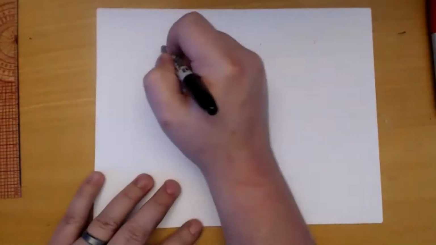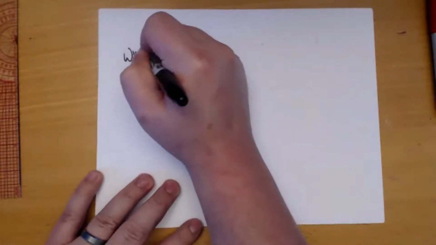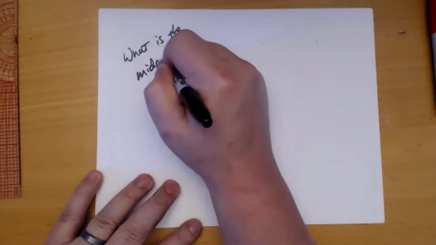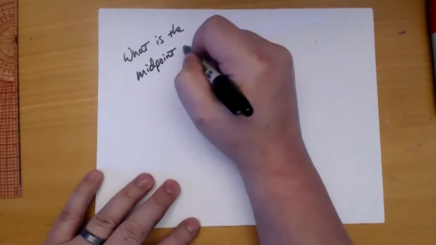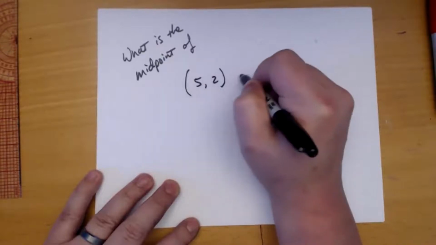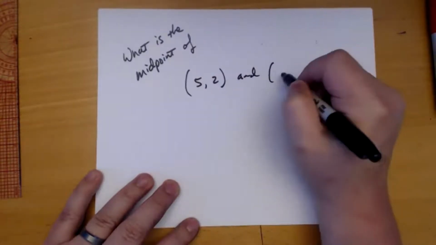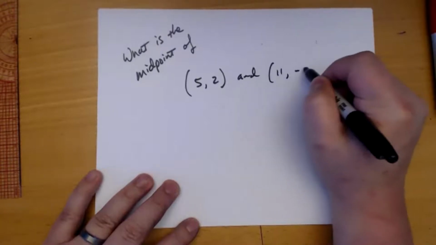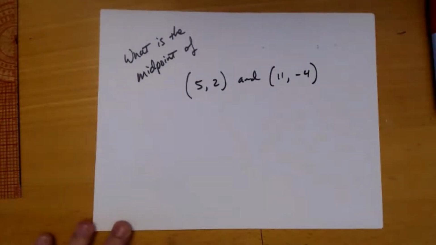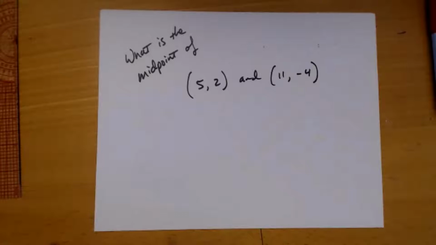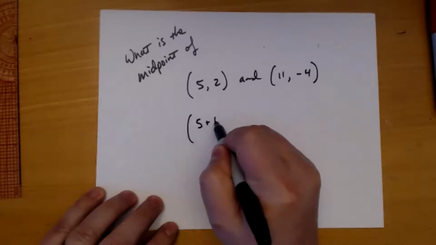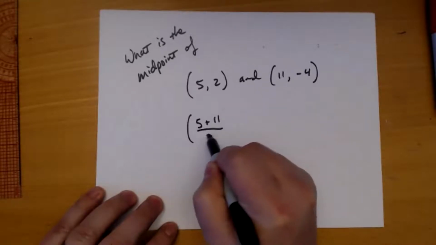All right. So what we're going to do is we're going to take our two x's, add them up, and divide by 2.